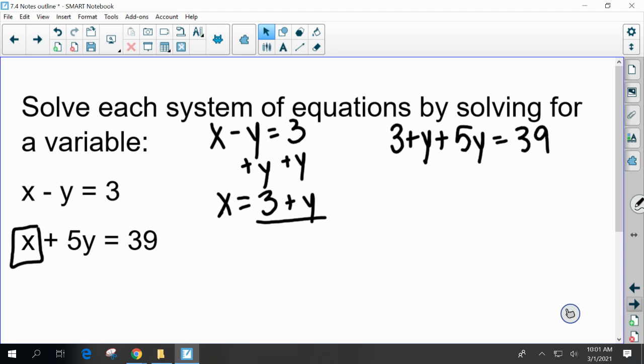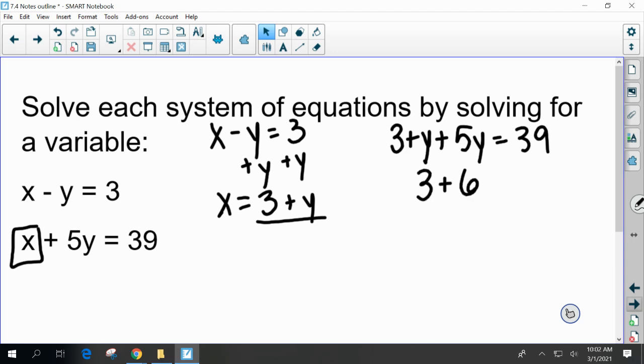At this point, they're both y's, which is what we want. If I would have ended up with an x and a y, I would have done something wrong, because the whole point is to get the same variable in the equation so you can solve for the variable. Now I need to combine like terms. So y plus 5y.